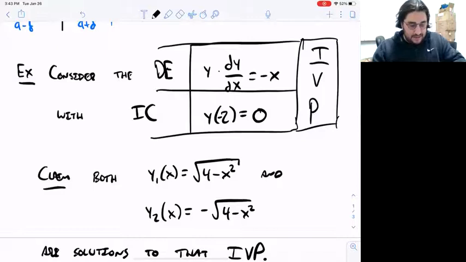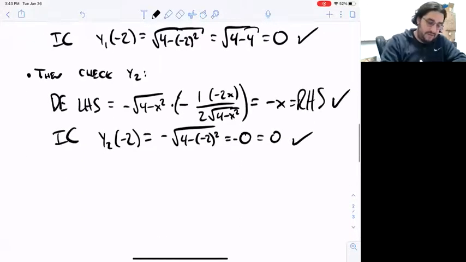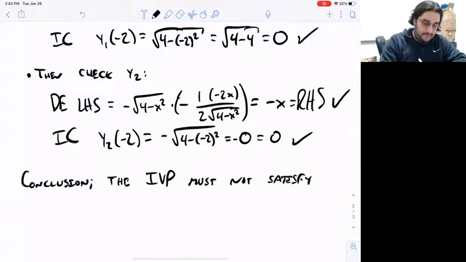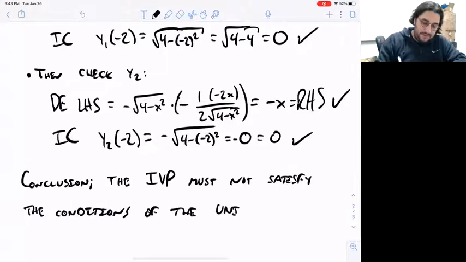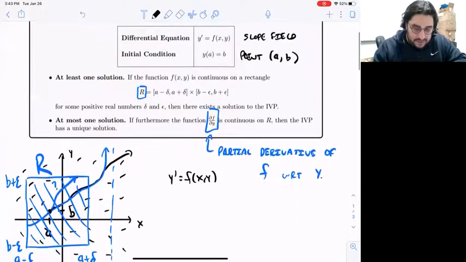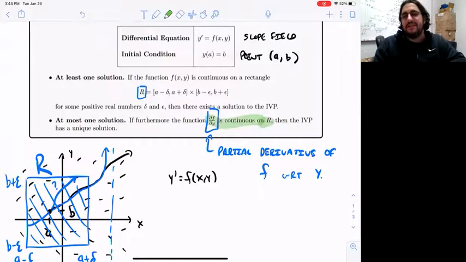So here's our conclusion: the given IVP must not satisfy the conditions of the uniqueness theorem. And in particular, it must be that the partial derivative is not continuous on R.